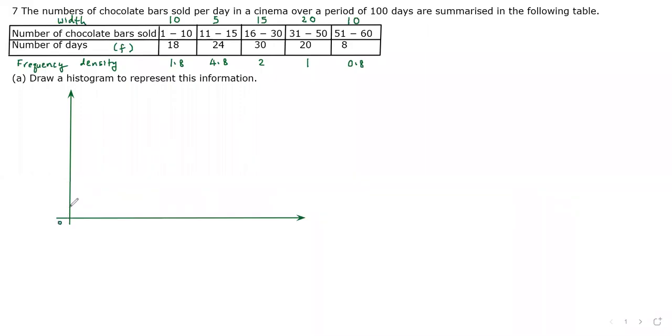For the vertical axis, we have a maximum frequency density of 4.8, so we have 5 as a maximum. We use a scale of 1, 2, 3, 4, and 5. The horizontal axis gives us the class boundary, which denotes the number of chocolate bars sold.